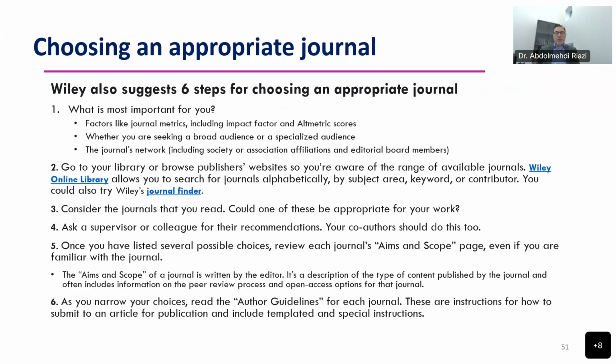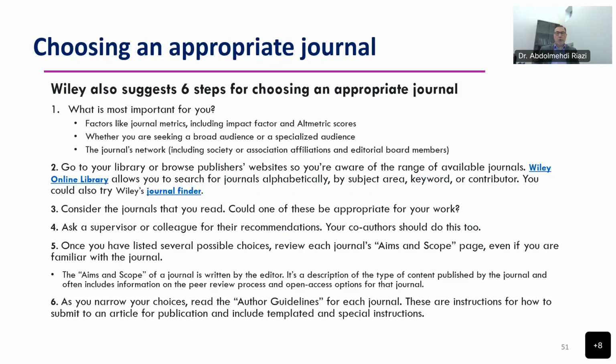These publishing houses not only publish books, but also they have quite a high number of journals in different areas, including humanities and social sciences. And therefore, this is just one example. I'm sure that if you go to Sage, you will see similar information and tips.